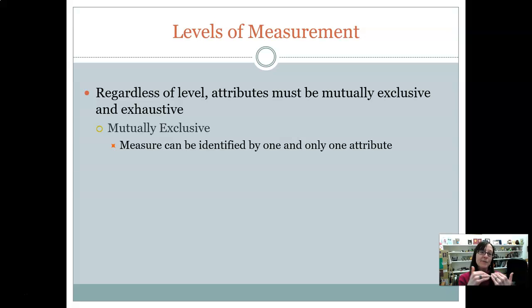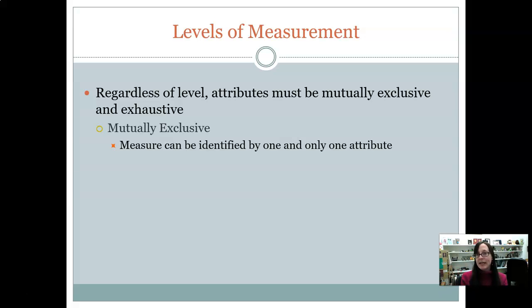If you had 30 to 40 and then 40 to 50 as 2 different boxes, then technically somebody who is 40 would fit in both the 30 to 40 and the 40 to 50 category. So that's not mutually exclusive because they could fit in either one.